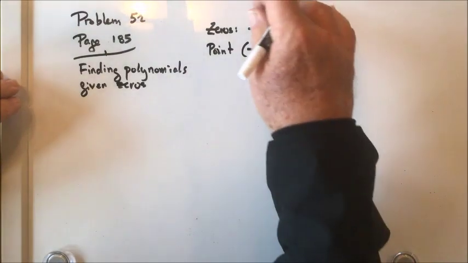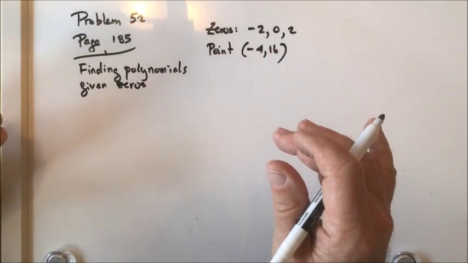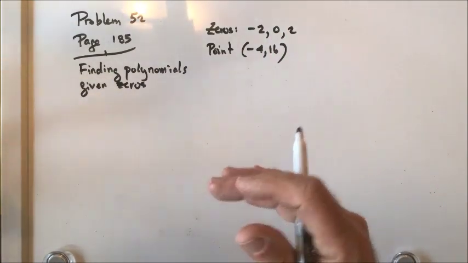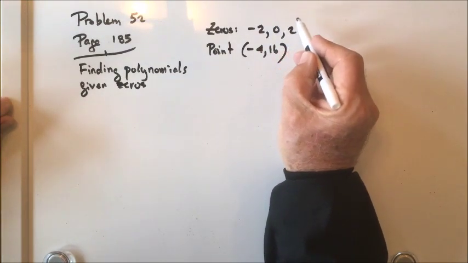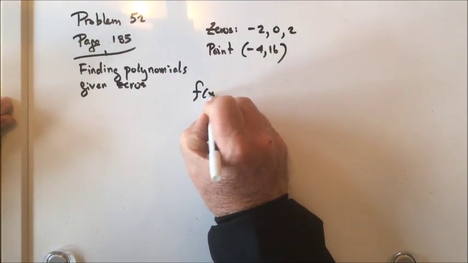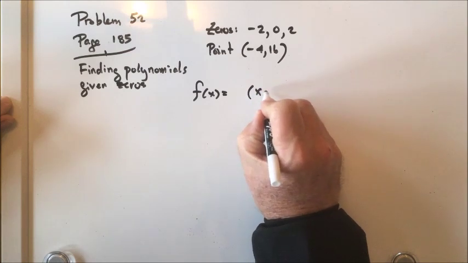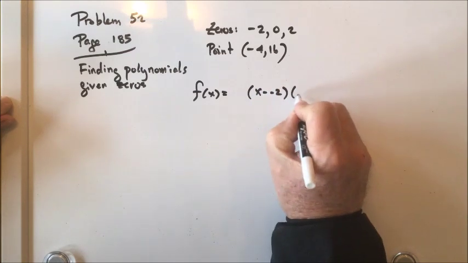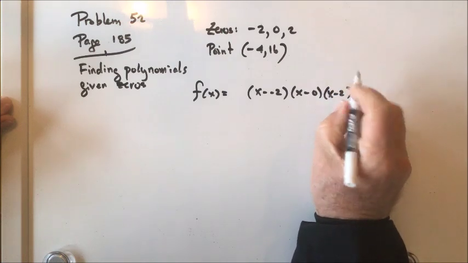You just say, well, if these 3 points, minus 2, 0, and 2, are zeros, then the associated factor with each one of them is x plus 2, x minus 0, and x minus 2. So a polynomial that goes through these zeros is x minus minus 2, x minus 0, and x minus 2.